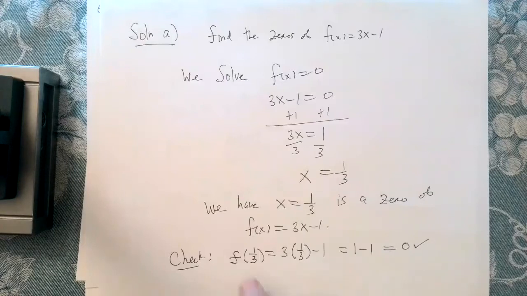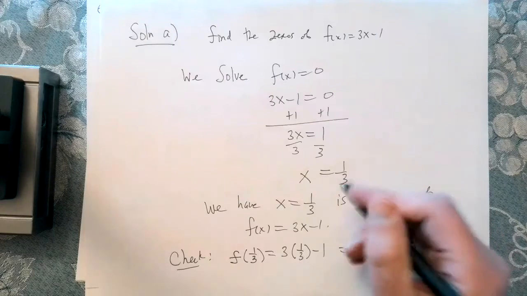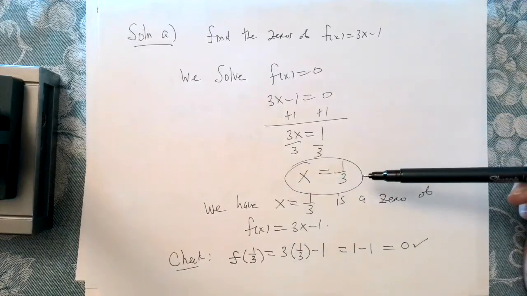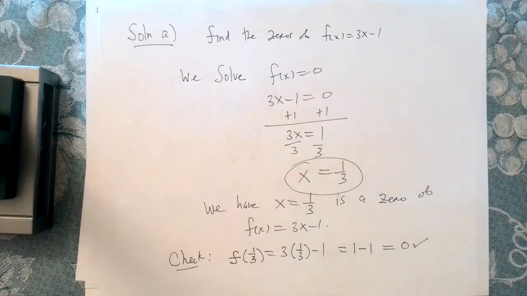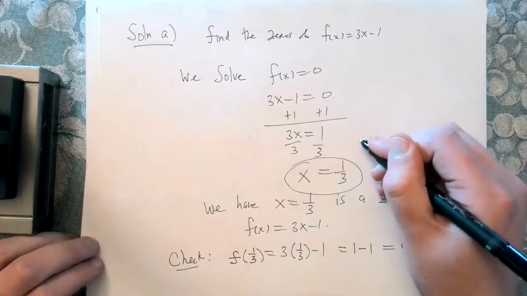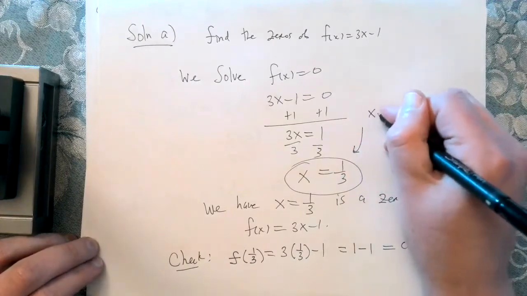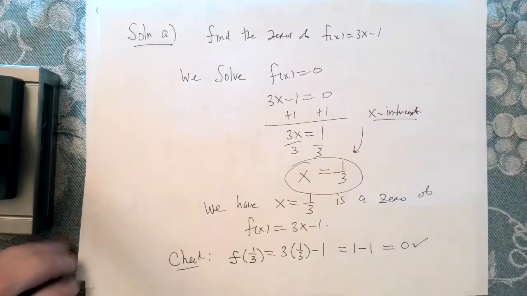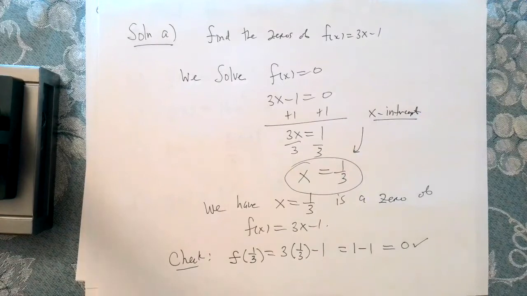That's an x value where the graph crosses through the x-axis. So another way to think about this is the x-intercept. It turns out that the idea of a 0 is a little bit more general than an x-intercept. We'll see that when we study polynomials. But for now, that's a decent way to think about it.